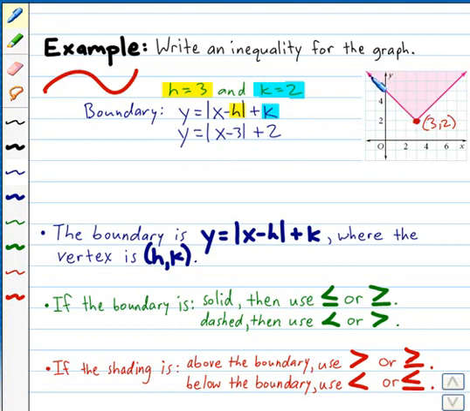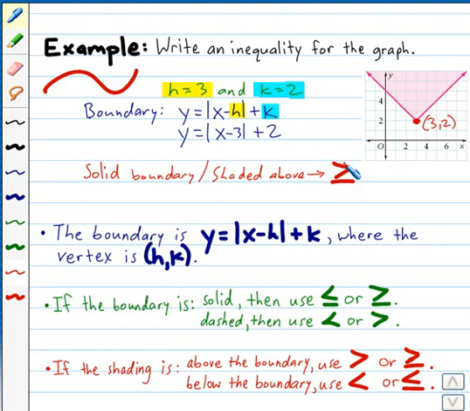Now, taking a look at the boundary and where it's shaded, we can see that we have a solid boundary and it's shaded above the boundary. So we need to write a greater than or equal to inequality.